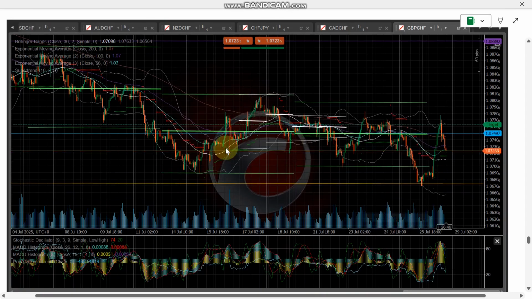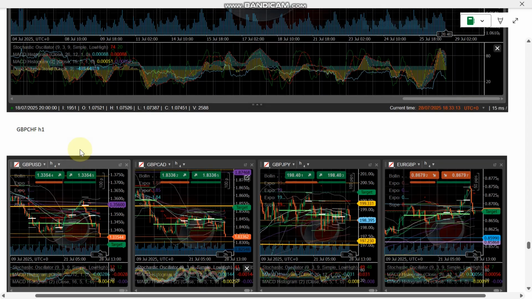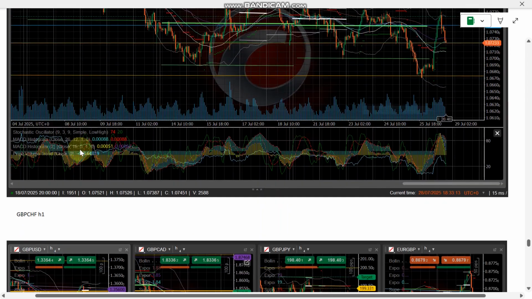GBP Swiss franc 1 hour, 4 hours set still sideways, and they suddenly come up. Why? Because they got this guy's stop loss already. They're hunting them and coming up, and the seller doesn't want to give up either and pushes it back.